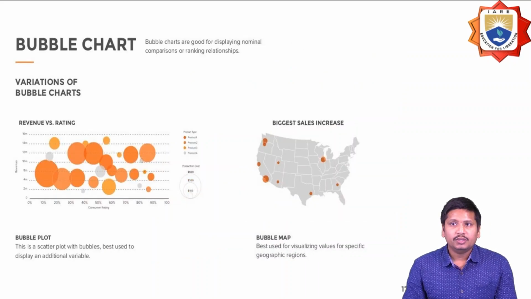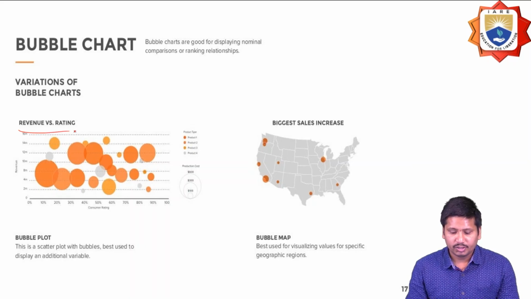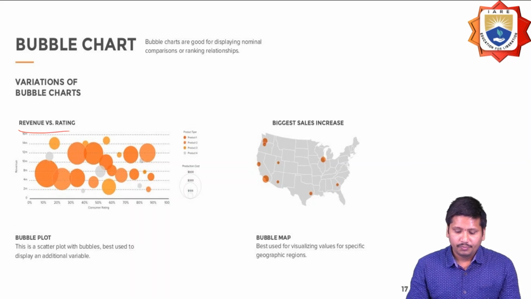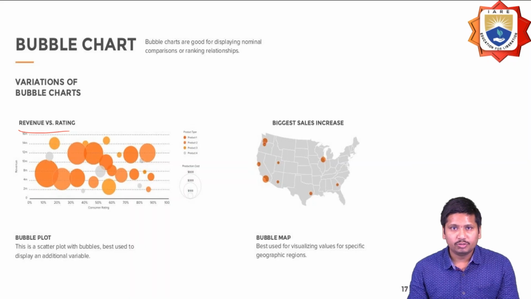The next one is the bubble chart. This is another kind of visualization that is good for displaying nominal comparisons or ranking relationships. Suppose I want to show the relationship between revenue versus rating. It is almost similar to the scatter plot, but with bubbles, and is best used to display an additional numerical data variable.